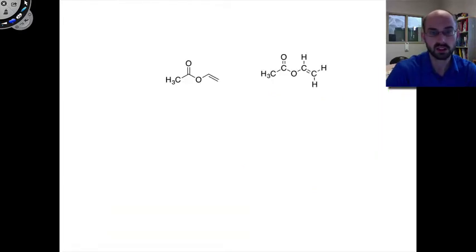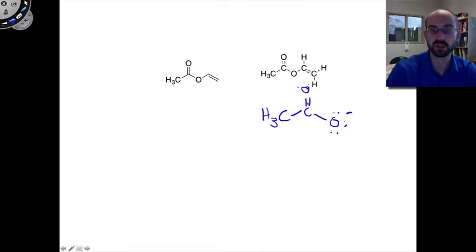The last thing I want to leave you with in this movie is this molecule and the NMR of this molecule. We've got an acetate group. You may recall this structure is called acetate.